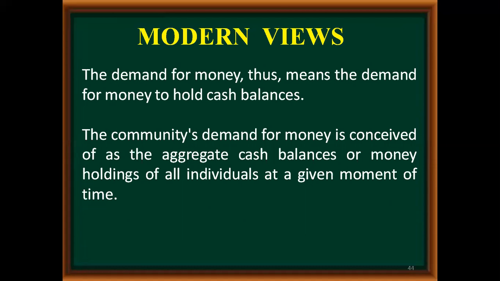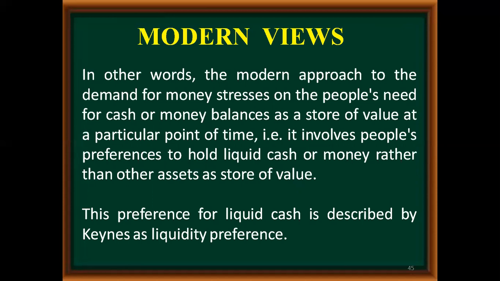At a particular moment of time, whatever is the total holdings of individuals will be part of the demand for money. So whatever money they are possessing at a particular point of time will be considered as the demand for money. In other words, the modern approach to the demand for money stresses people's need for cash or money balances as a store of value at a particular point of time.